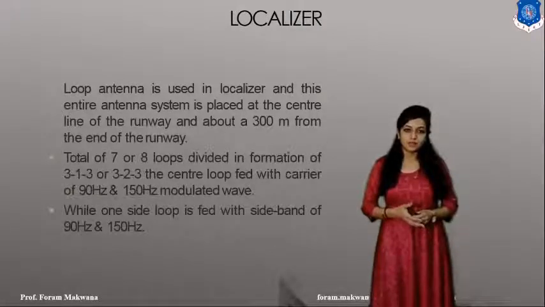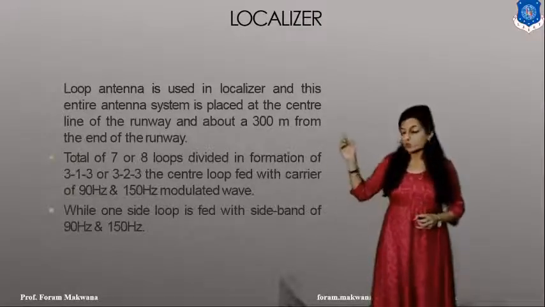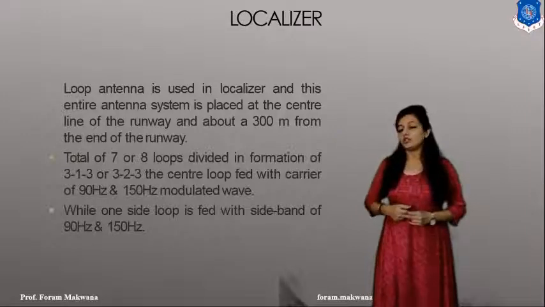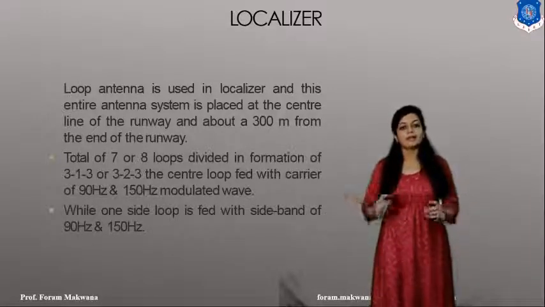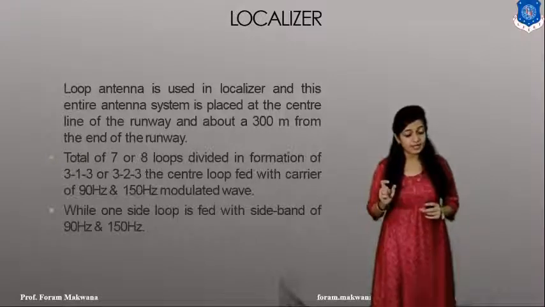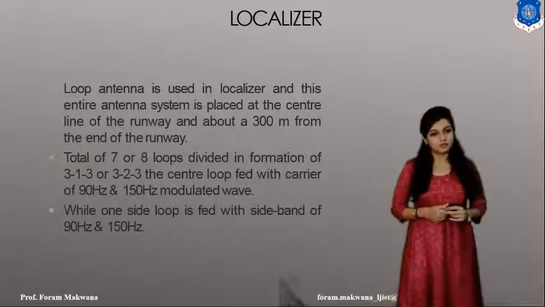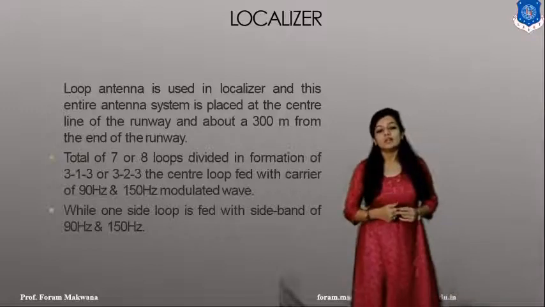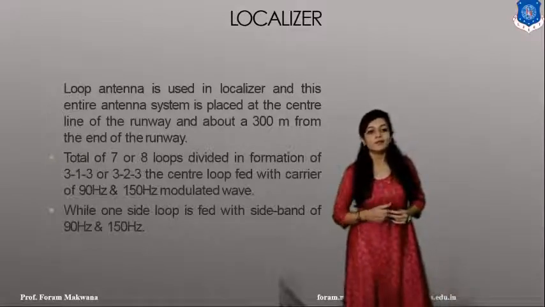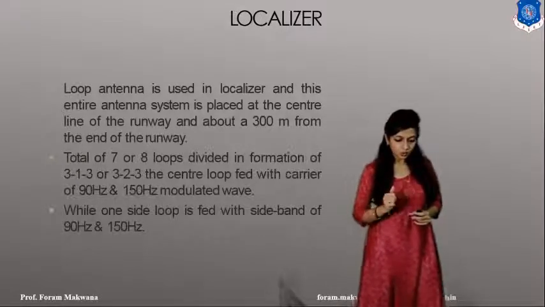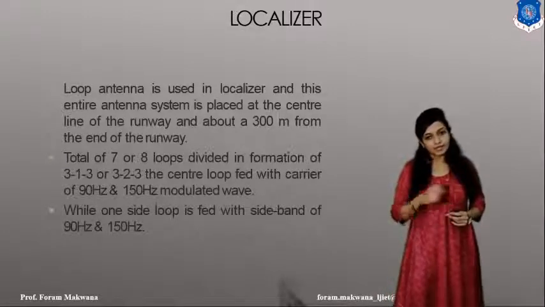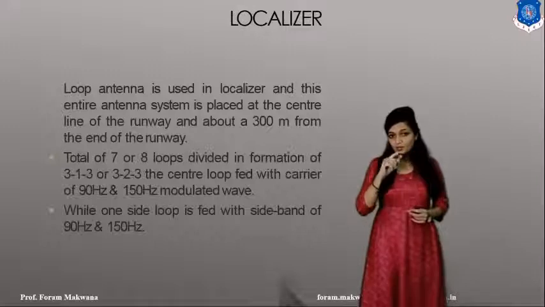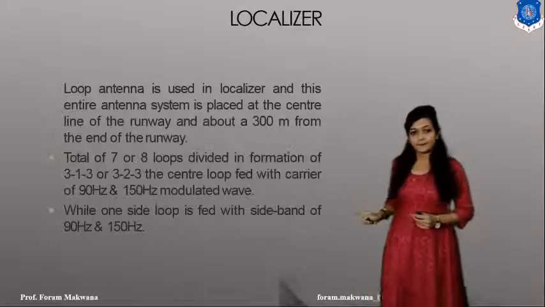Right? Over here, the loop antenna is going to be used in the localizer, and the entire antenna system is placed at the center line of the array, which is about 300 meters from the end of the array. So a total of 7 to 8 loops are going to be divided in the formation of 313 and 323.